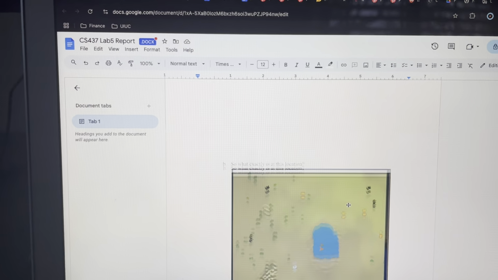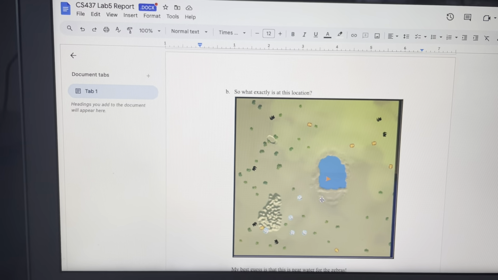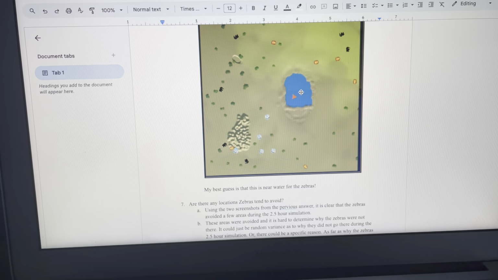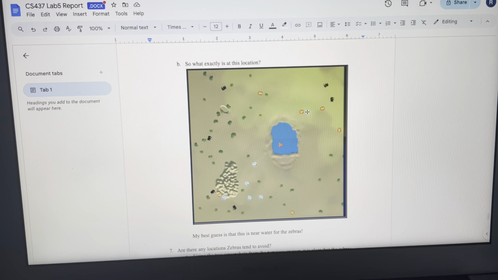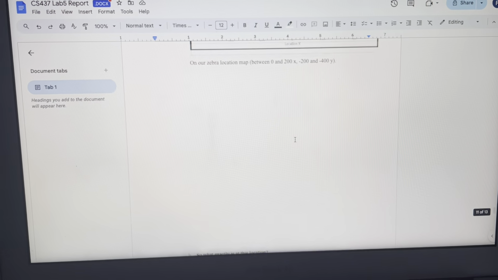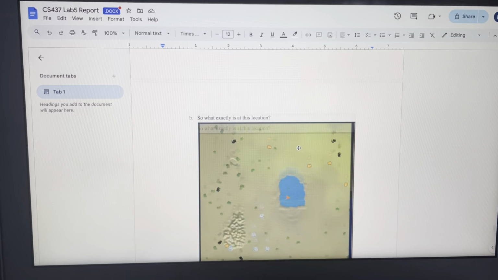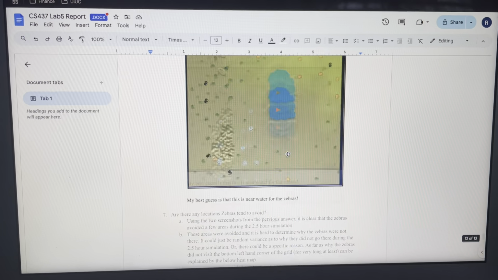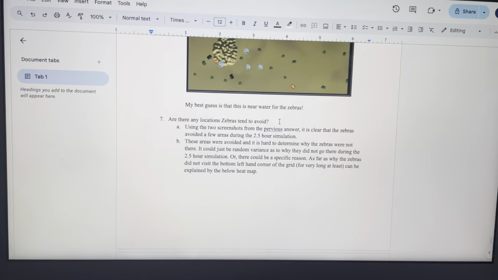So I said, what exactly is at this location? You can see on the map, I'm not sure if the axis aligns perfectly, but it appears that at least in this vertical sliver of the map, the time spent there was probably because the zebras wanted to be near and around water. So that was my speculation there. That's my best guess.